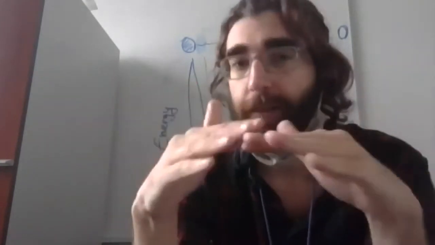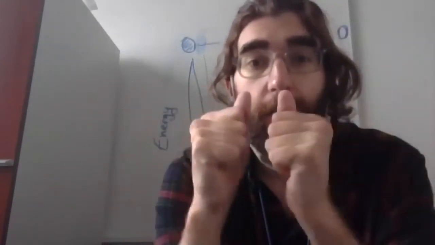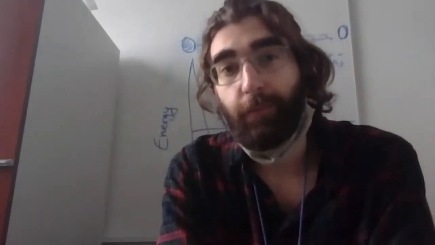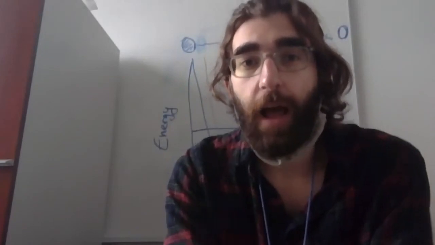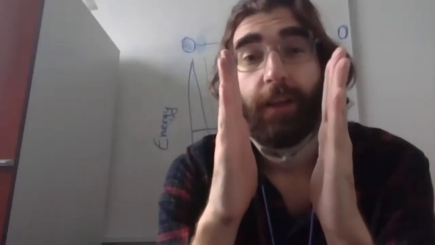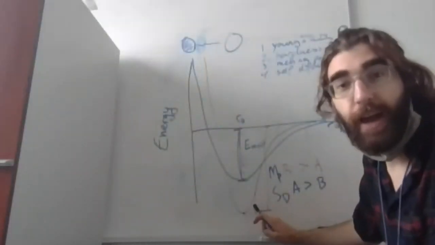So we're not breaking bonds. We're just stretching bonds. And so we will discuss this again in more detail in a minute, but because we're just stretching bonds a little bit, we're just elongating the bonds slightly.